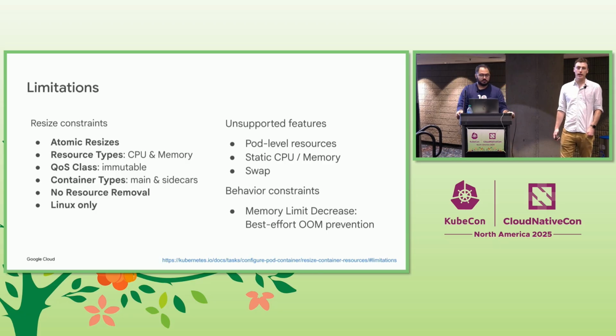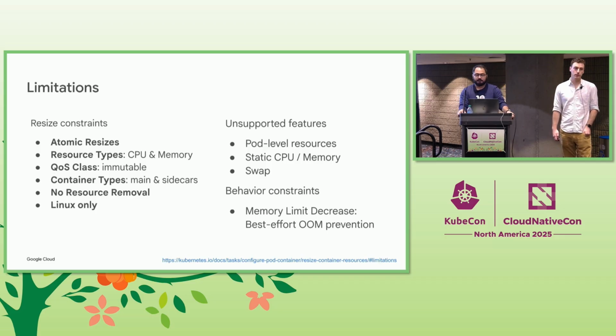Let's see, container types, only main containers and sidecars. We don't support removing resource requests or limits today. There is an open PR for this, so it might make it into 1.36. And Linux only. In terms of unsupported features, there's a few things.